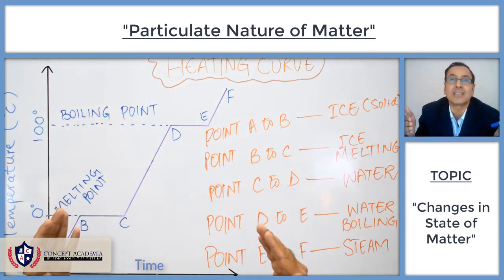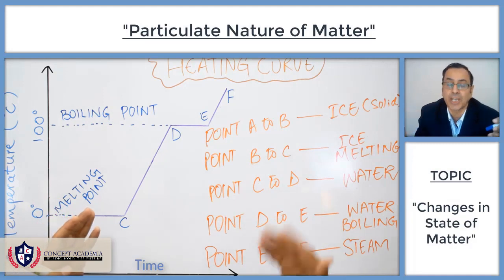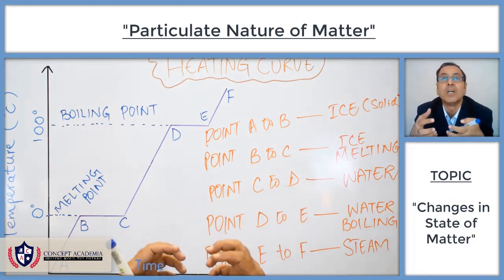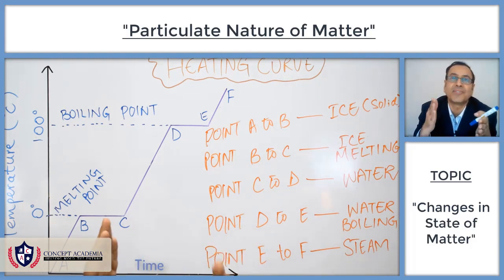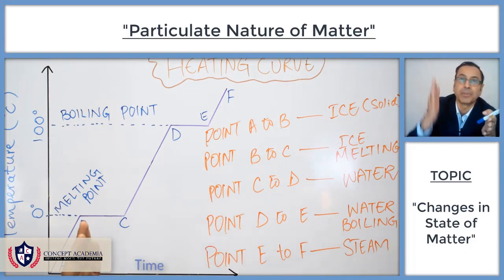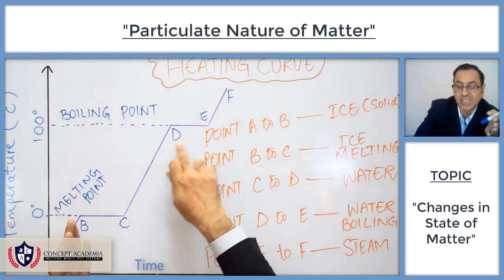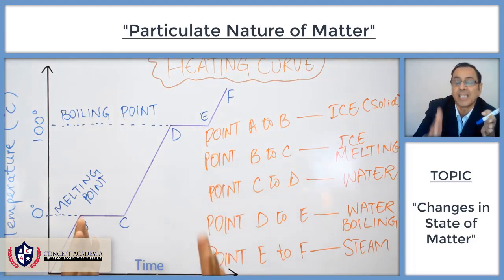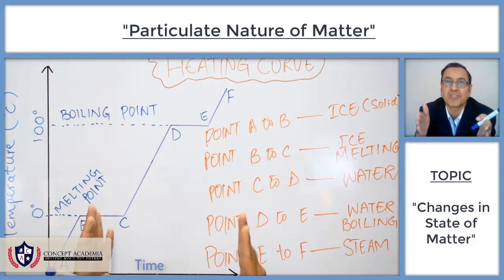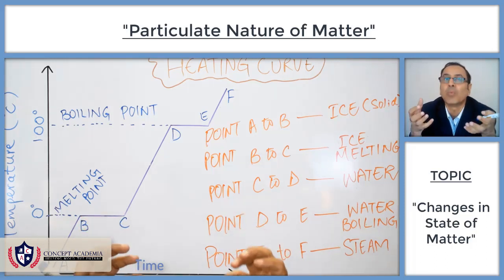Again, this is where the change in state of matter takes place, because in liquid water there are some forces of attraction, and these forces of attraction are broken down. So between D and E, all the heat energy is breaking down the forces of attraction existing in the water.